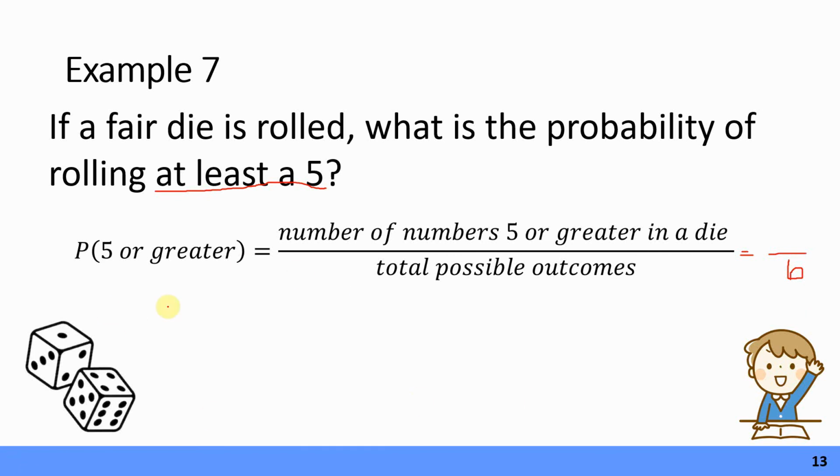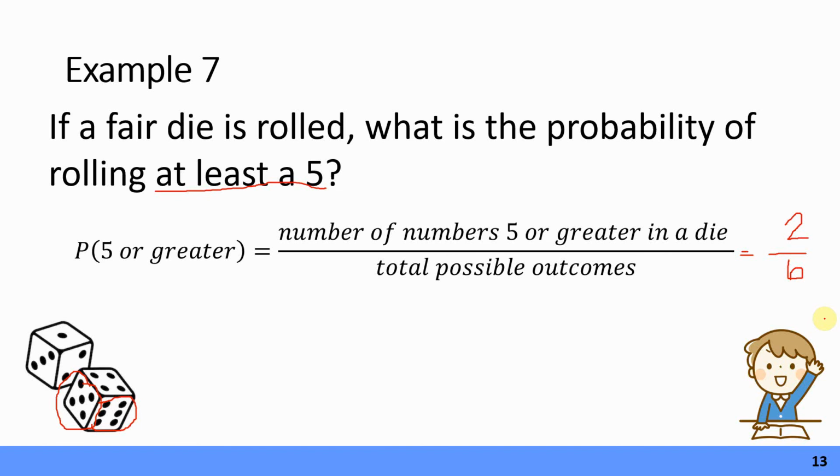So let me come back to my die here. 1 is out, 2 is out, 3 is out, 4 is out. 5, is 5 at least 5? As weird as it sounds, yes, because at least 5 means you could have 5 or you could have more. So we're going to include the 5 and the 6. So how many are those out of all the 6 possible outcomes? That's a total of 2.